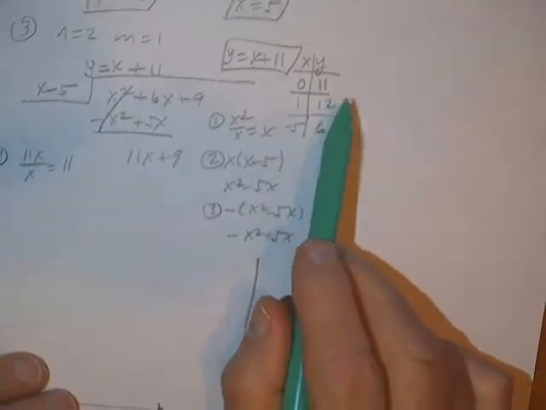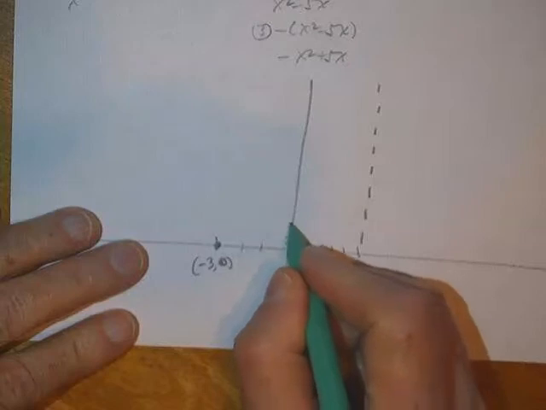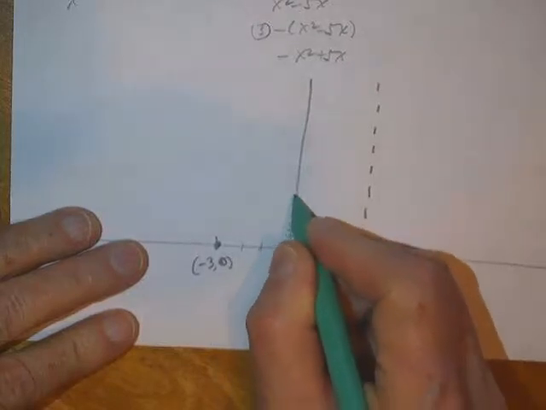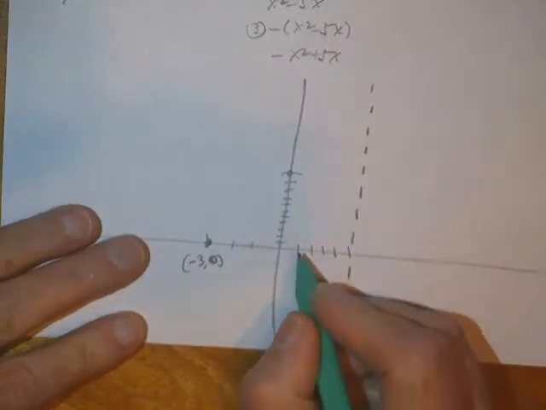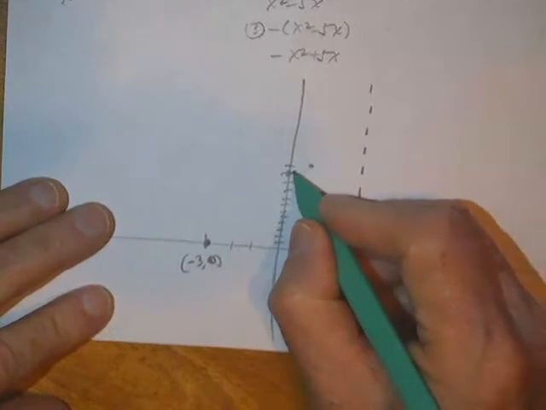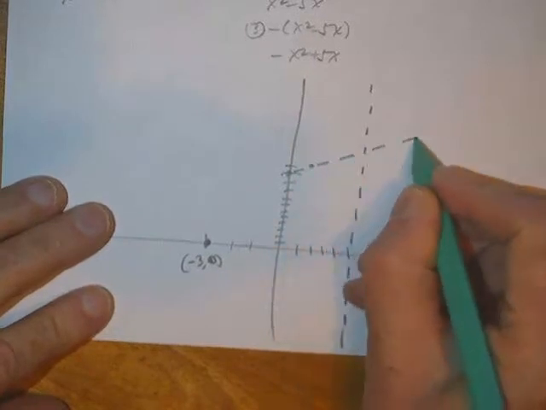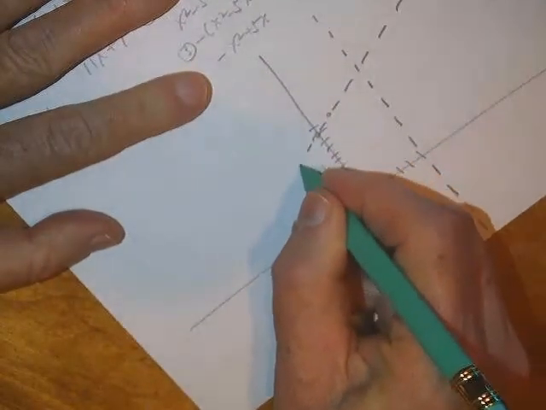0, look, 0, 11, and 1, 12. 1, 2, 3, 4, 5, 6, 7, 8, 9, 10, 11. There's 11, 0, 11. 12 is going to be here. So my slant asymptote is running off this way.